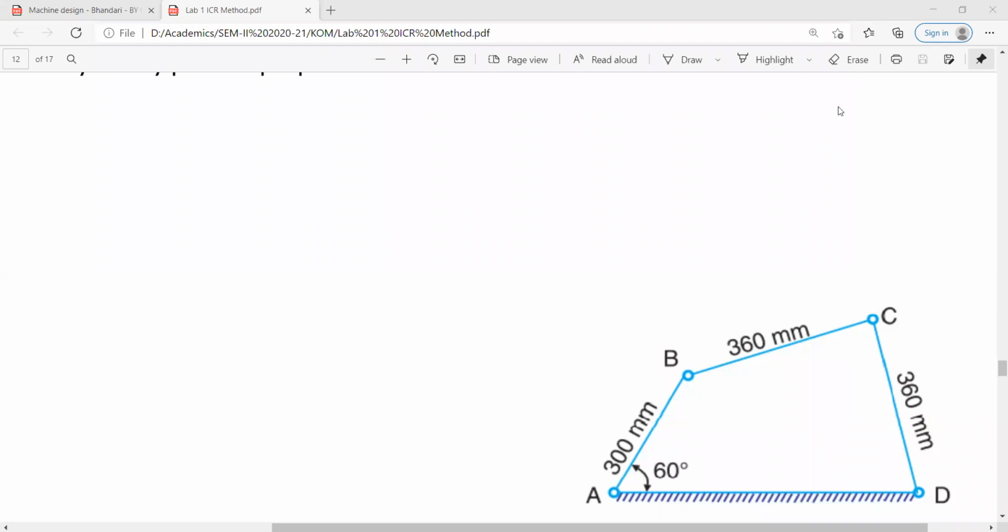So we will continue with the problem of ICR which we started in our lab. Okay, first practical. All of you are having this problem with you?